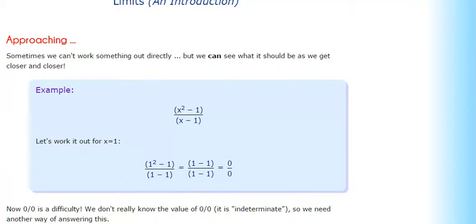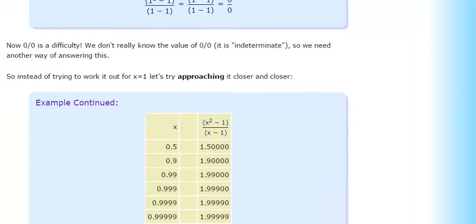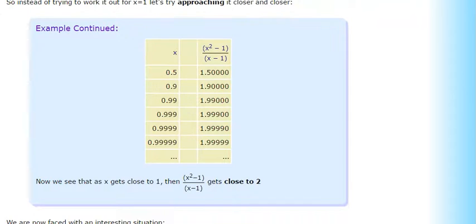So to avoid the indeterminate form, instead of putting 1, we put values like 0.5, 0.9, 0.99999, approaching 1 but not equal to 1. That is called a limit. Understood?